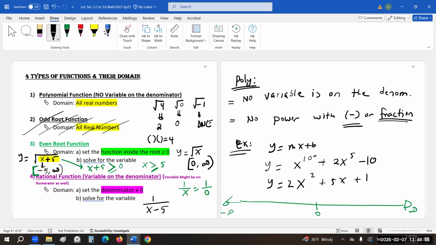Now, can you plug in x with 0 here? 0 minus 5, which is -5, and 1/-5. Is this a real number? Yes, somewhere here. So this time we can plug in x with 0. But what can we not plug in here? 5. If you plug in 5, 5 minus 5 is 0, and 1/0 doesn't exist.